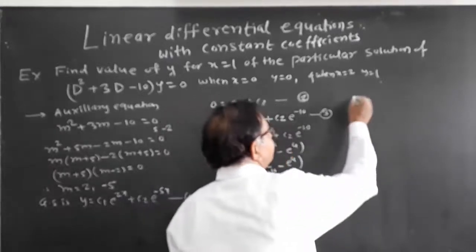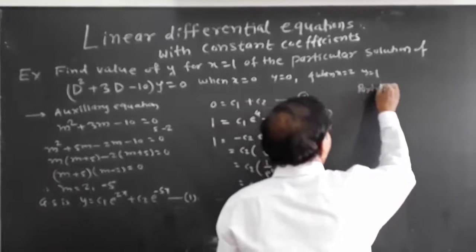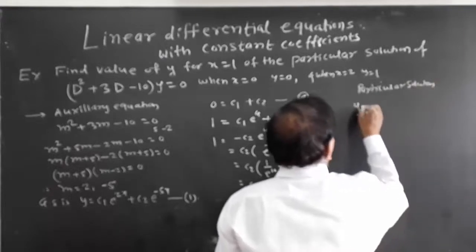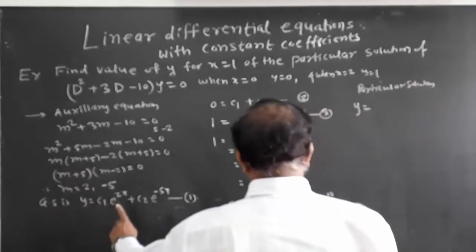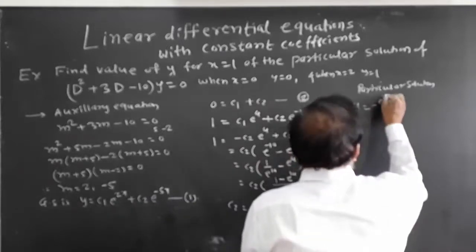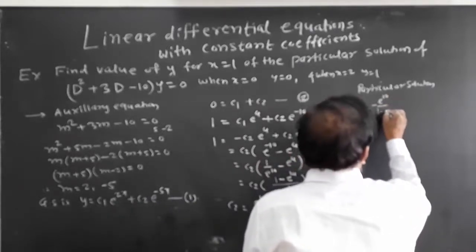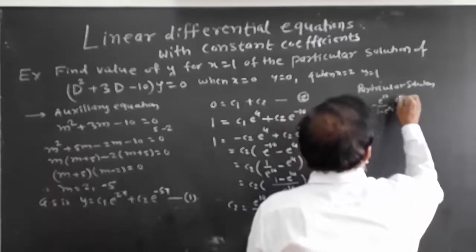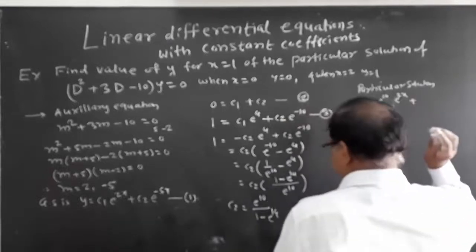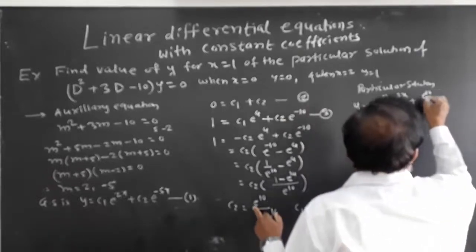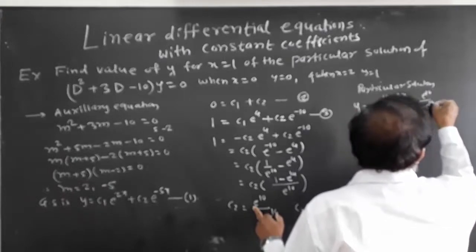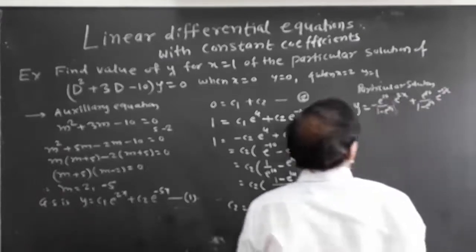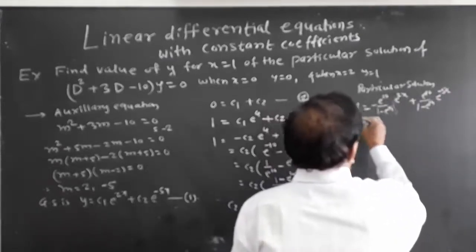A particular solution is y equal to minus e raised to 10 divided by 1 minus e raised to 14 into e raised to 2x, plus e raised to 10 divided by 1 minus e raised to 14 into e raised to minus 5x. This is the particular solution.